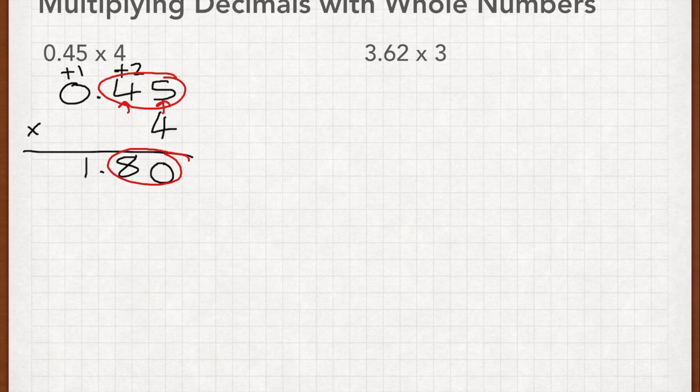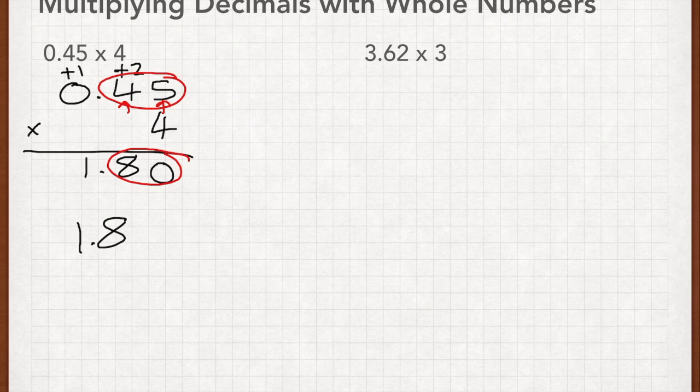So our answer now becomes 1.8. So we leave our decimal at the beginning and we forget about it and we add it in at the end. Now this is just one strategy to multiplying decimals.